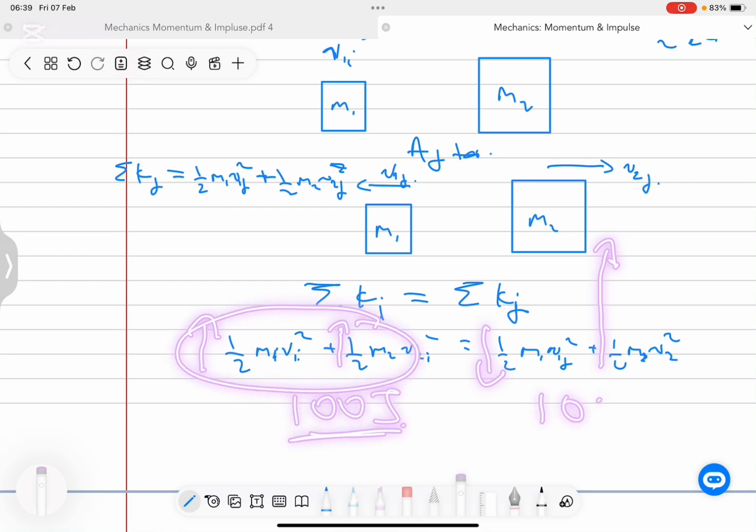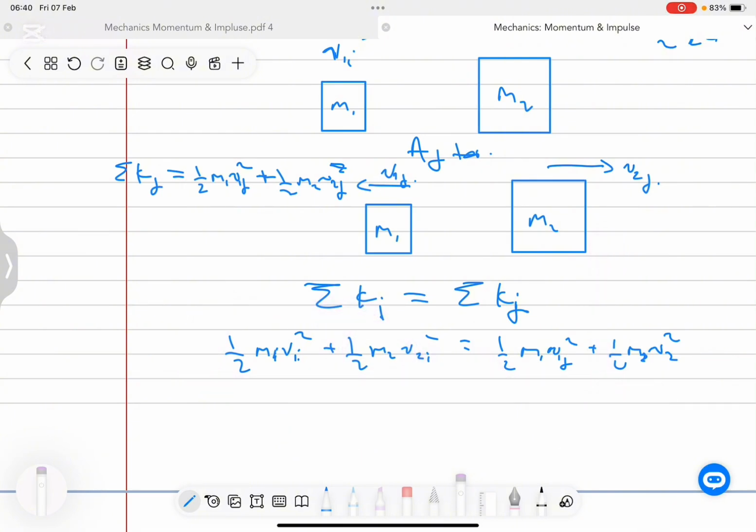Even here, when I add this and this, I still get the 100 joules. So the kinetic energies are being transferred within the system. It means when this collision occurs, we're moving from kinetic energy to kinetic energy, but of object 1 to object 2. I hope that makes sense.